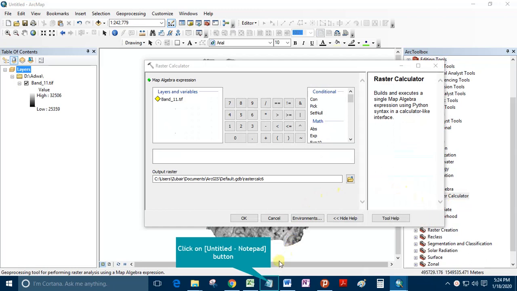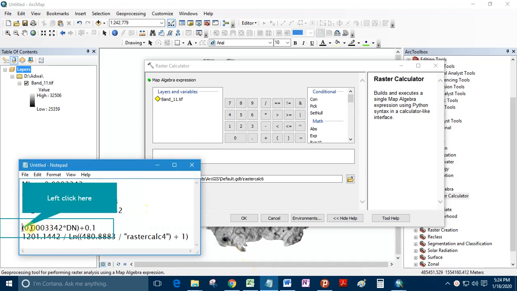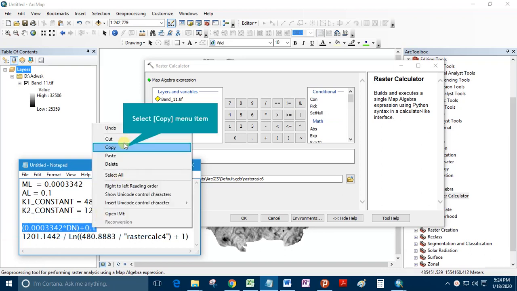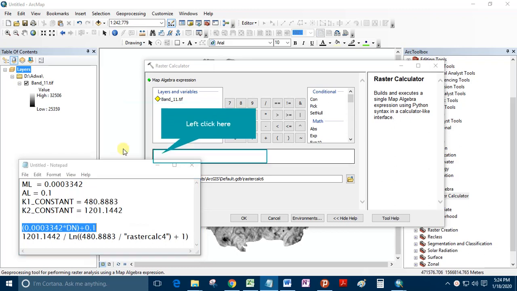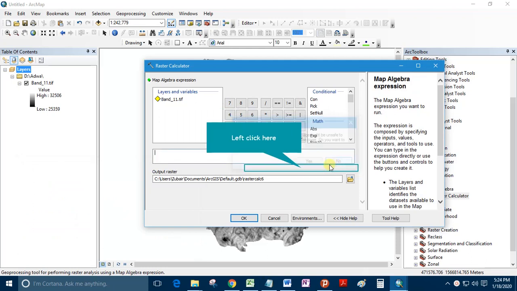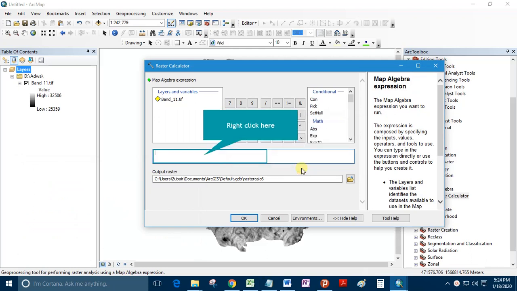L lambda is equal to multiplicative rescaling factor times band 11 plus band-specific additive rescaling factor. T is equal to K2 divided by natural logarithm of K1 divided by L lambda plus 1.